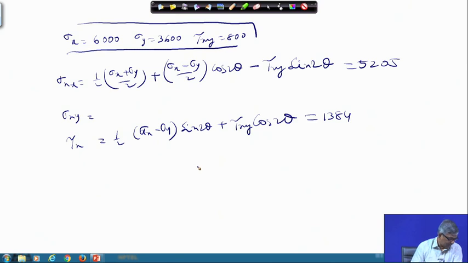And then I can find out the orientation also by using the equation.